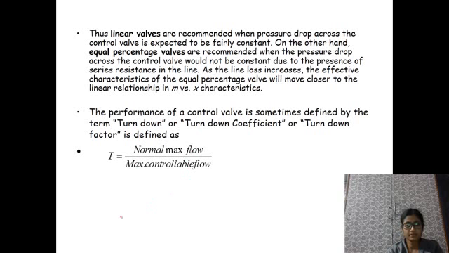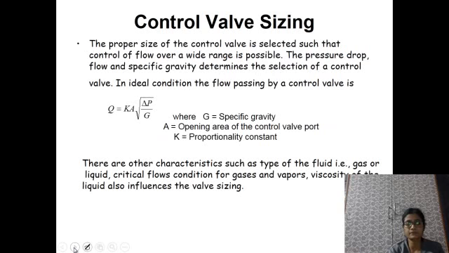This is a very common question: why are equal percentage valves recommended over linear valves where the pressure difference is not maintained at a constant value? That is the reason why the equal percentage valve is more advantageous than the linear valve.